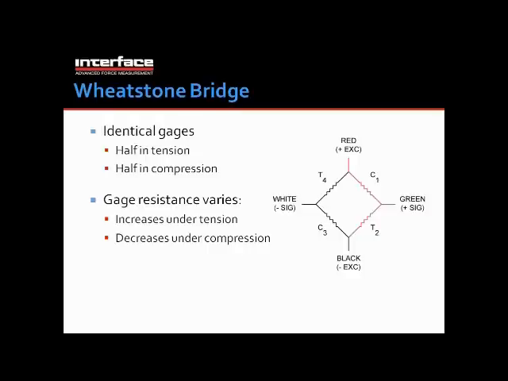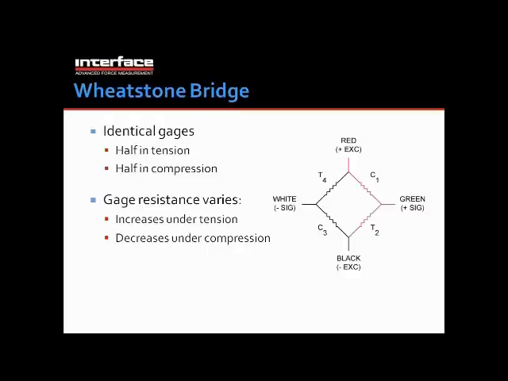Now the way we get a signal out of the Wheatstone Bridge is by applying a supply voltage across the 2 excitation terminals. And the way we make this output signal vary is by changing the resistance in those gauges.